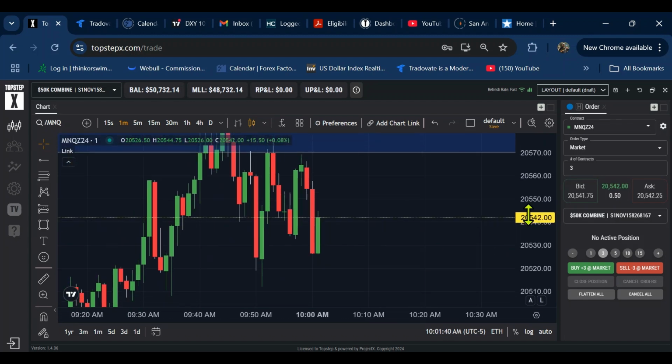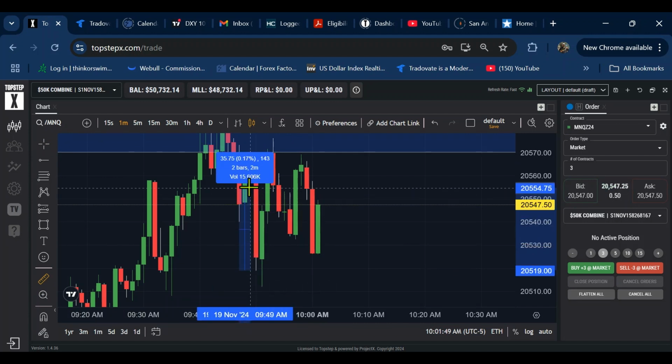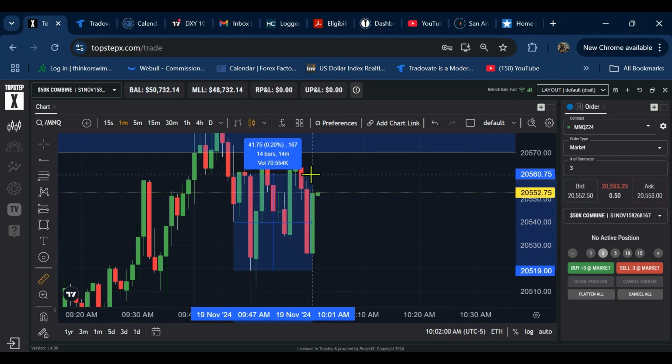We can even take a look. These are 1-minute candles. Let's look at this big red one right here and see how many points that is, and just compare it to what you typically put your stop at. I usually advise people on 1 micro to put at least a 20-point stop. And see, that's 41 points. 41 points.